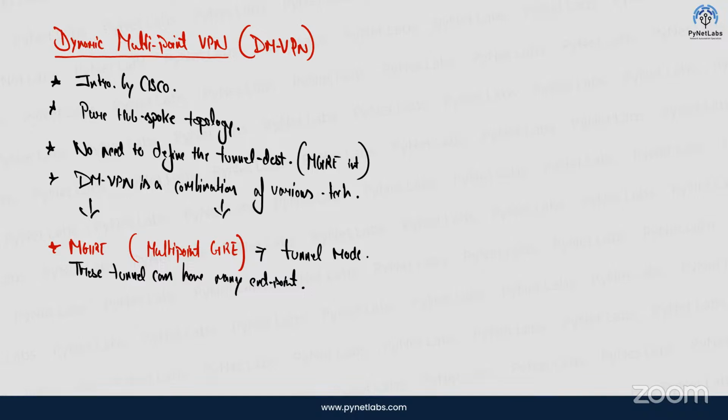And here, the most important thing it is going to use is one more protocol, which is also a specific topic, and that is NHRP. NHRP stands for Next Hop Resolution Protocol.